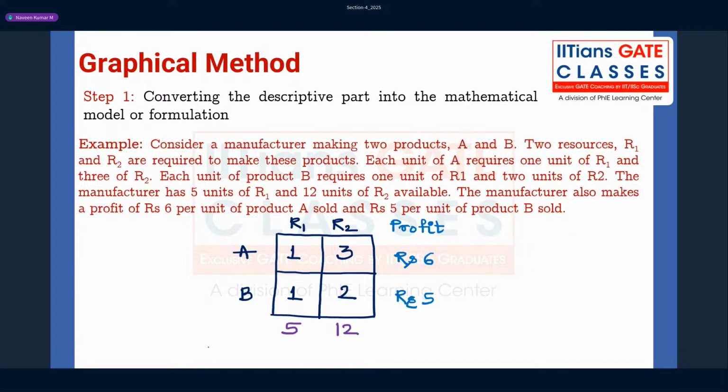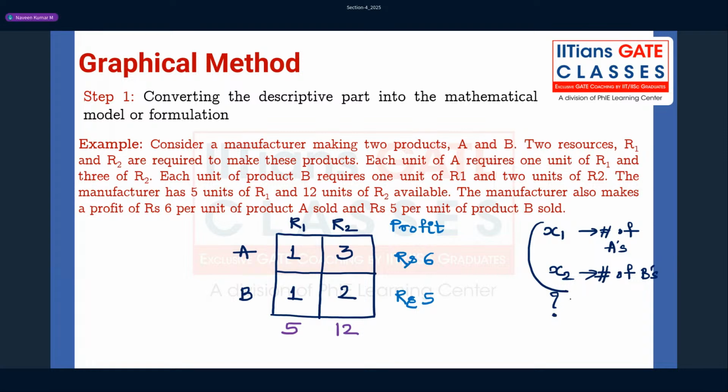So okay, let me assume that X1 is the number of A's that I'm producing. X2, this hash, represents the number of B's. And this is what you have to find. Okay, good.